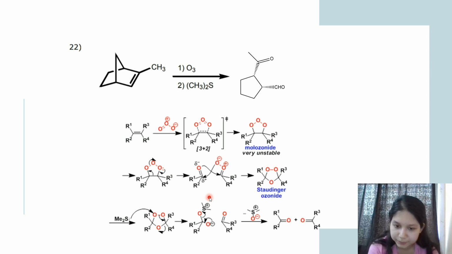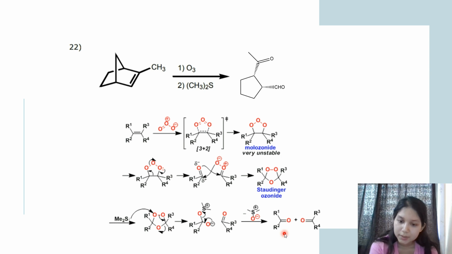After this, you also have this second fragment formed out of this Staudinger ozonide. Now, this charged species, which is like a zwitterionic species, will undergo electron pulling and pushing to eliminate this dimethyl sulfoxide molecule back, and you end up getting the second molecule of carbonyl group.